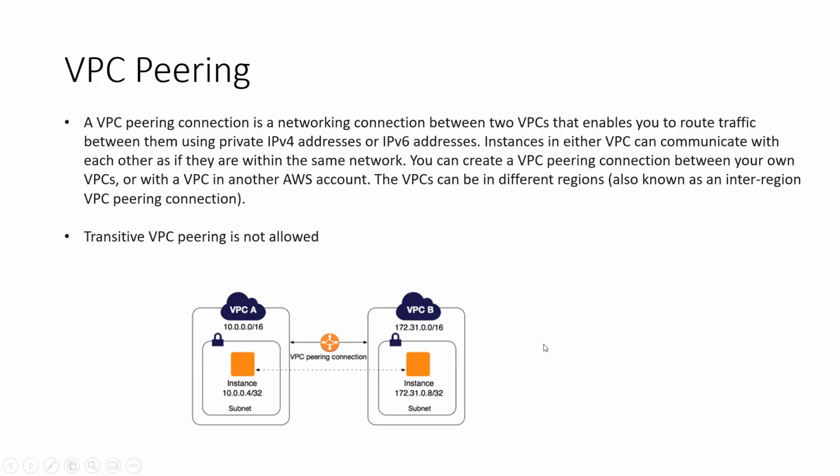This is where I will administer and maintain. This is my VPC. This is where my web servers are, and this is where my database servers are, and everything. So from this one, I'm able to connect to this VPC as if in the same IP range. Just now we were able to log into a web server, and from the web server we were able to connect to a database server.